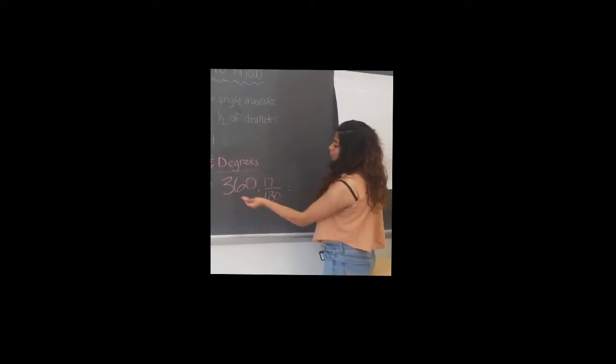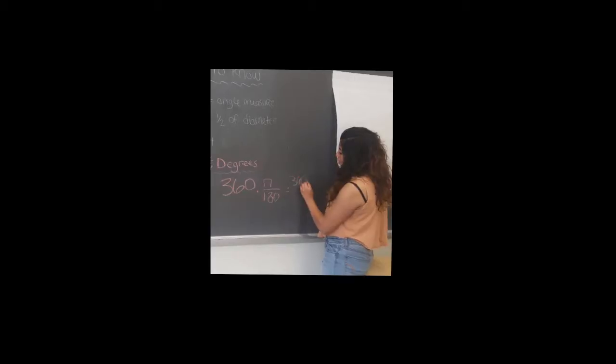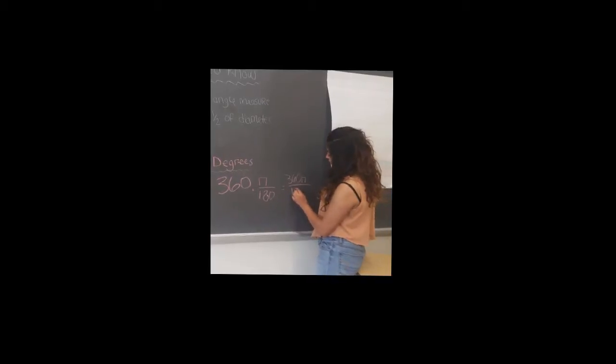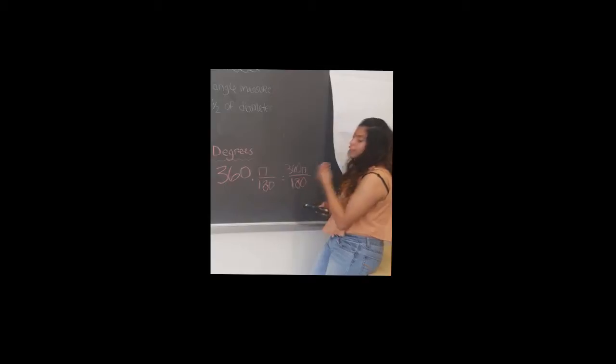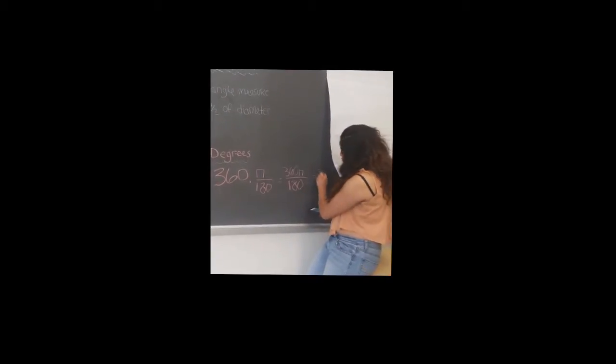Now, we're going to simplify this into 360 pi over 180. Right? And then from there, you want to simplify. When you put 360 pi over 180 in the calculator, you will get 2 pi.